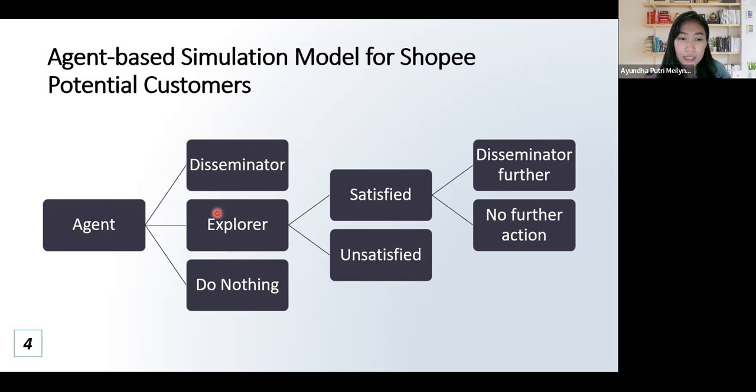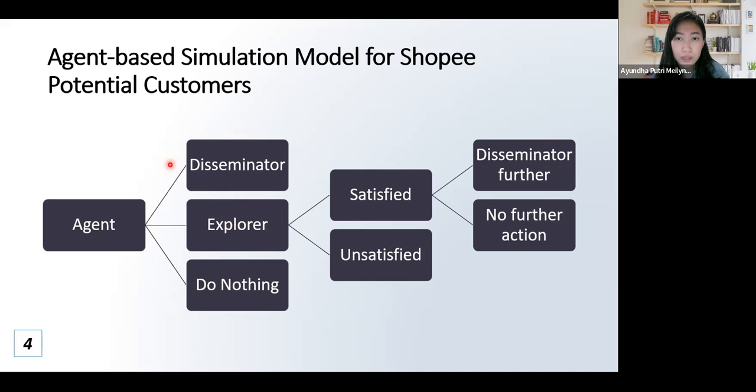The second one is explorer. Explorers prioritize trying the innovation before deciding whether to deploy it or not. In this case, explorers are people who are still confused between buying the product or not. The last one is do nothing. Do nothing is a group of people who receive the message about the innovation and do nothing about it. In this case, do nothing people are people who have never accessed Shopee.